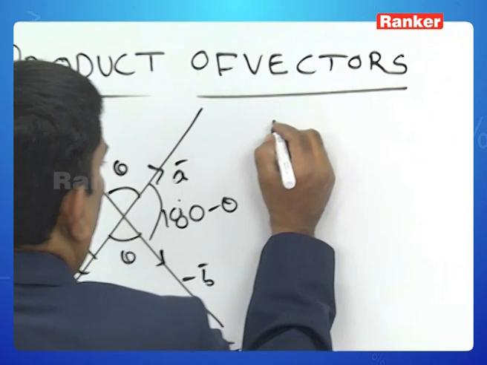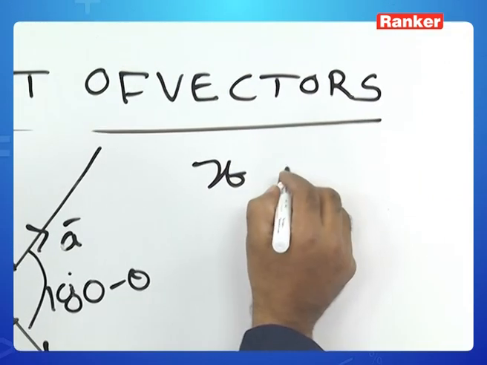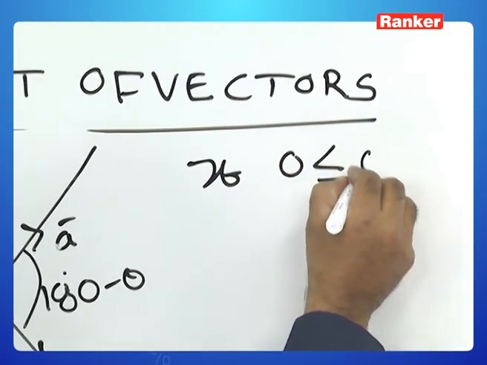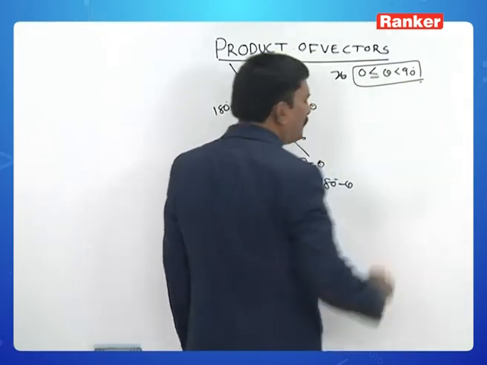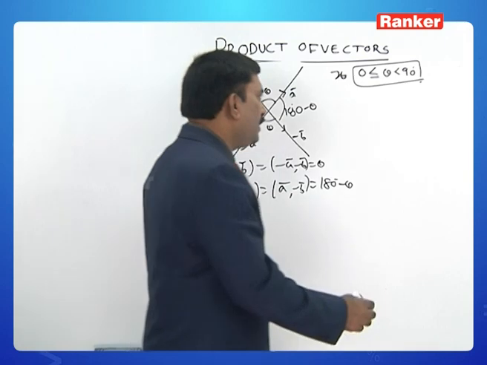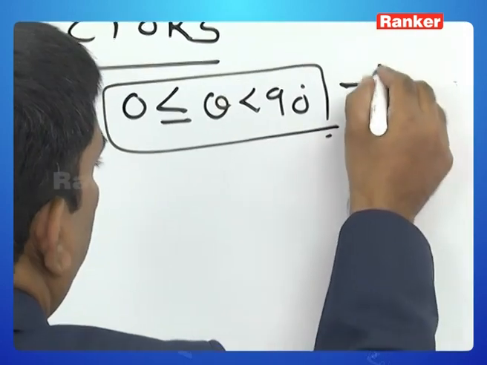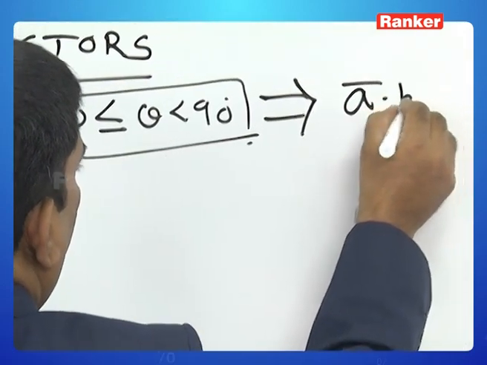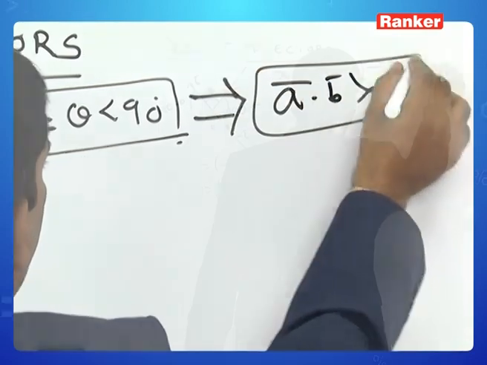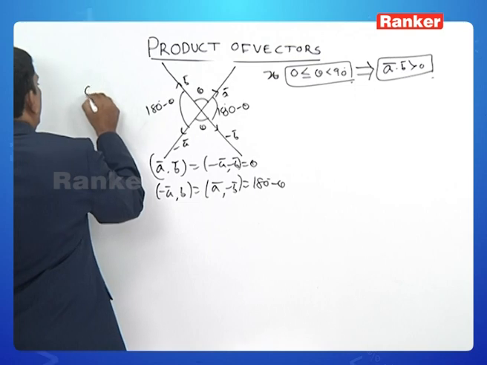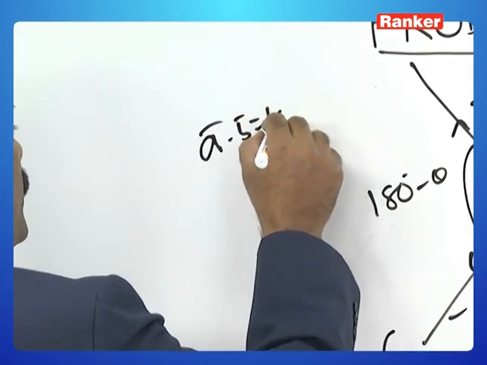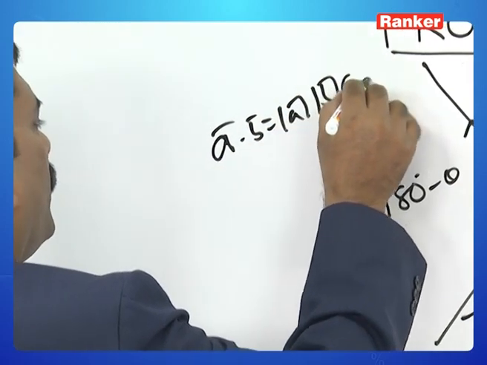Case 1: if 0 less than or equal to theta less than 90, which implies A bar dot B bar is greater than 0. Why, sir? We know already A bar dot B bar is equal to mod A into mod B into cos theta.